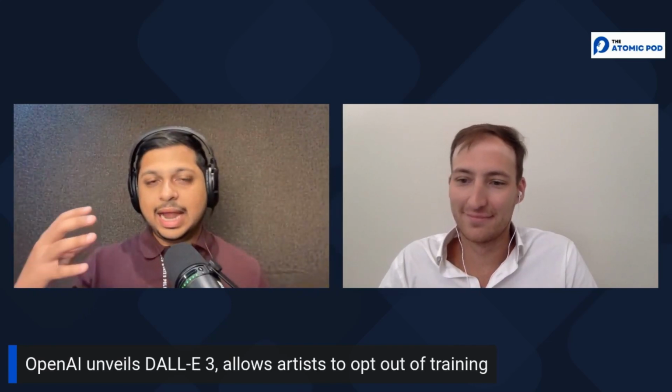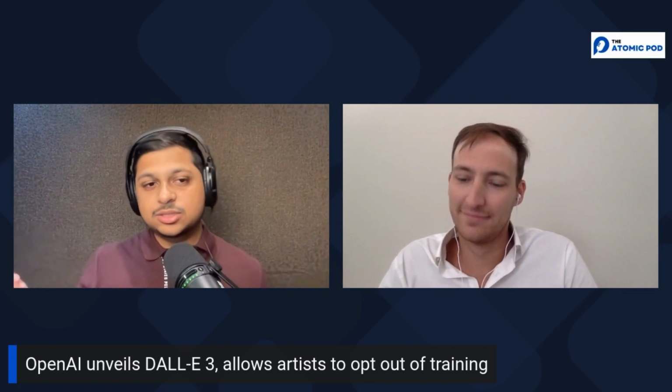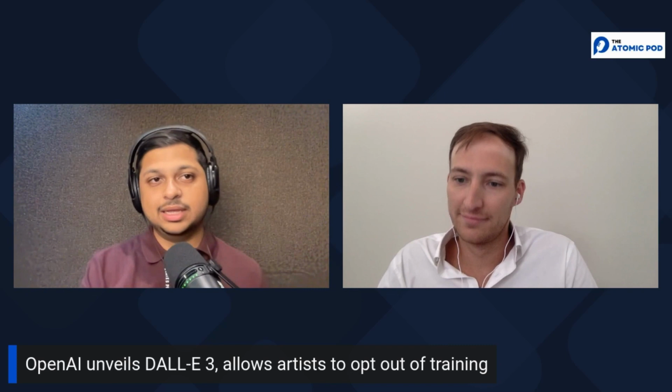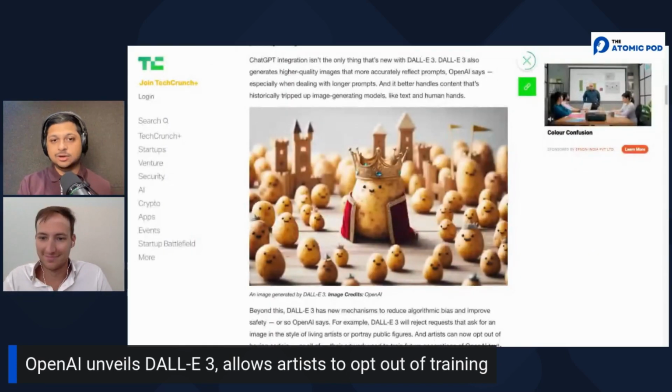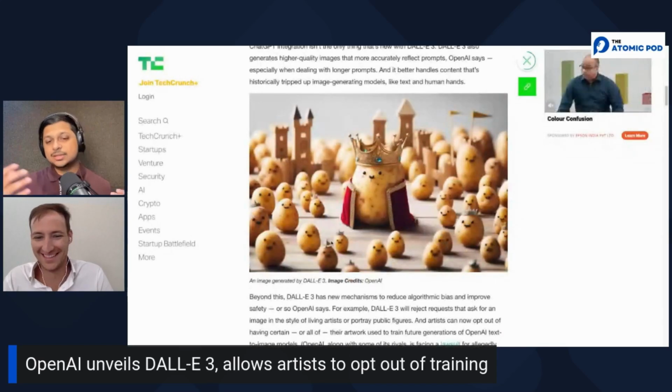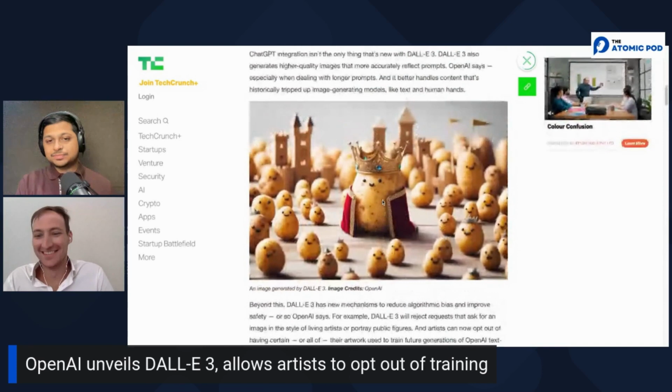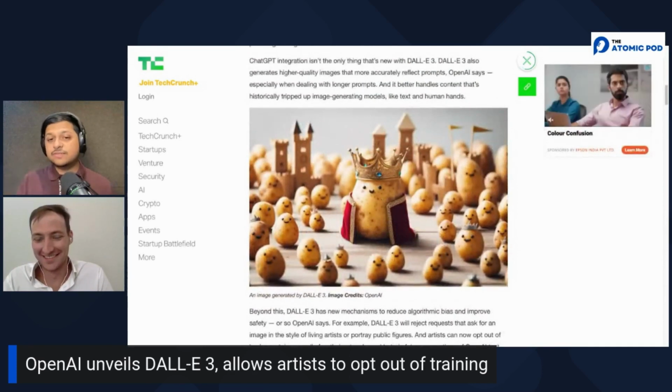And then what it does is it starts to reverse engineer this. So once you enter a prompt like, I want an image of a potato that is a king of a potato kingdom, then it starts to generate something like this, which is pretty cool in itself, because now you're moving away from reality.